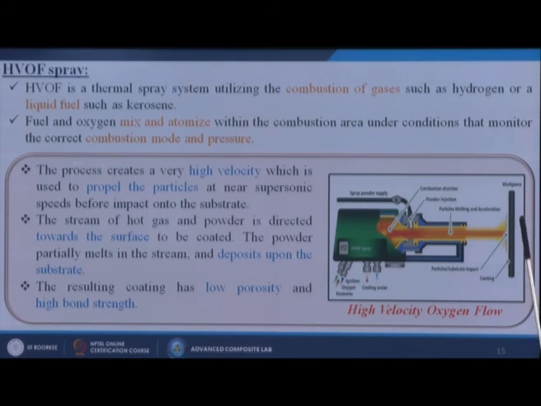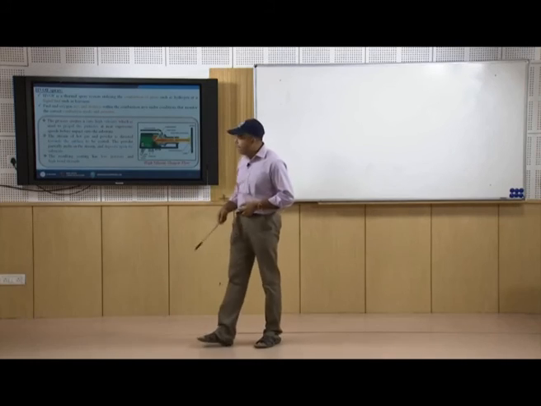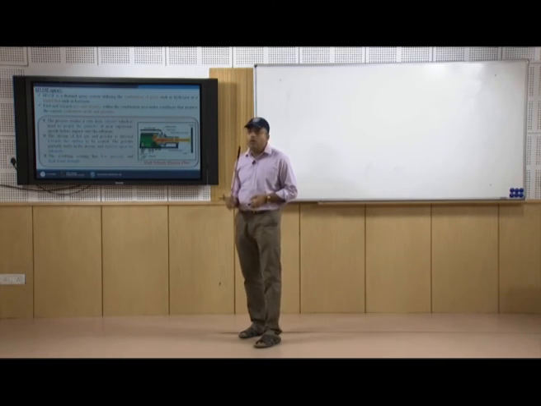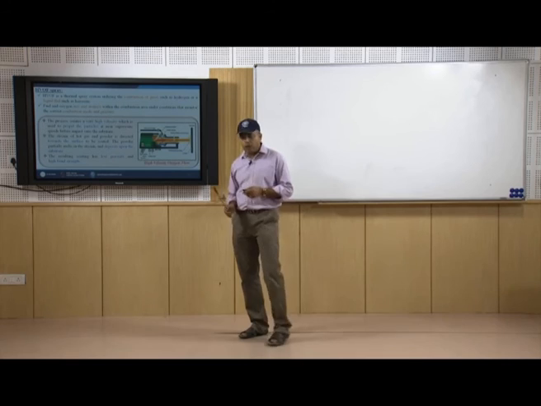Here you can see this workpiece, it can rotate, it can be put into any direction, or maybe sometimes it is in a fixed position, and the gun can rotate and go into any direction, so that a uniform coating of the coating material can be achieved onto the substrate.